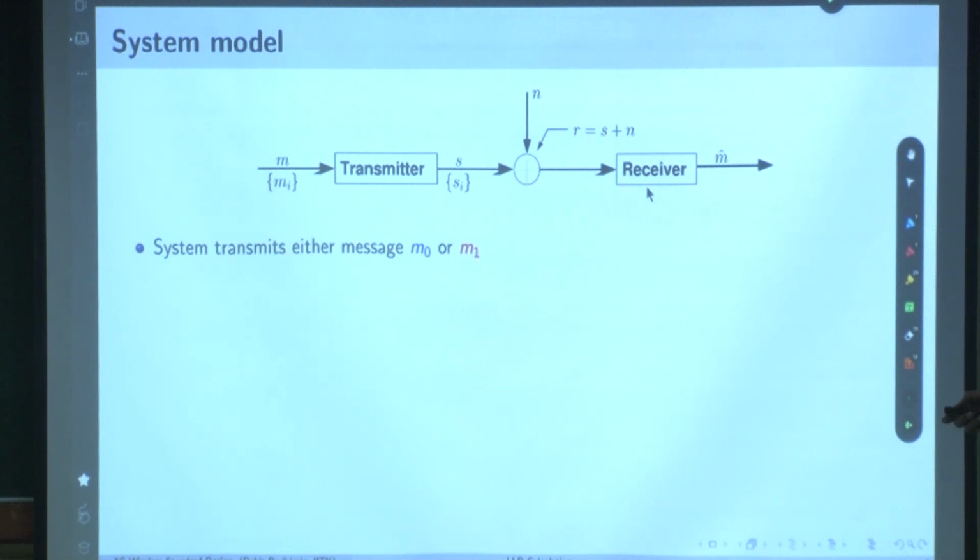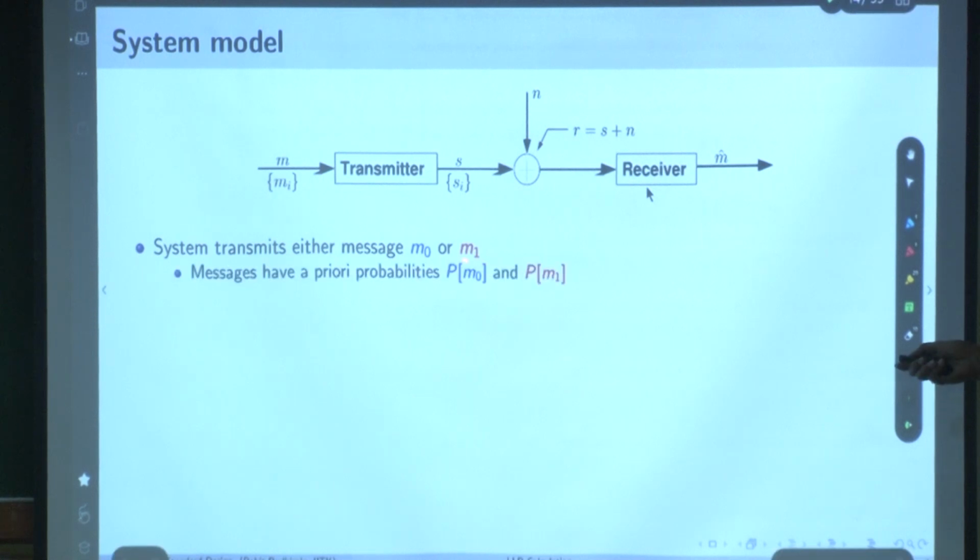Now, as I said earlier, we will restrict ourselves to binary phase shift keying in this understanding. But this is applicable for 16-QAM or any other higher order modulations. So what we are saying here is that the system transmits either message M0 or M1.